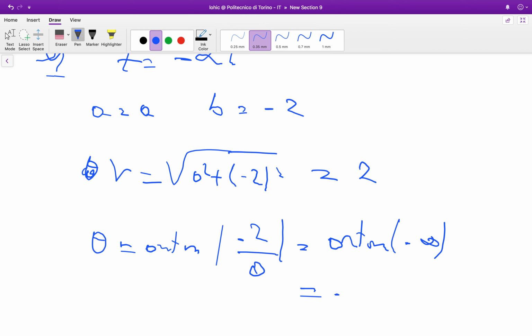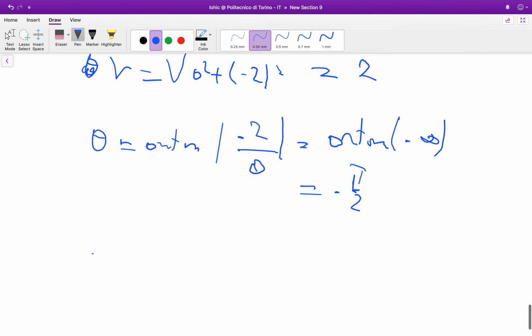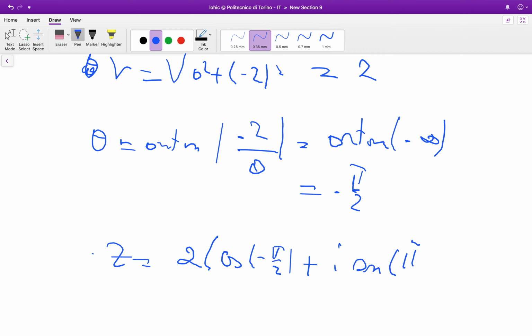The arctan of minus infinity is minus pi over 2. So we get also theta. So we can write down that our z, the complex number we had at the beginning, is 2 multiplied by the cosine of minus pi over 2 plus i sine of minus pi over 2. And this is the trigonometric form of this complex number.